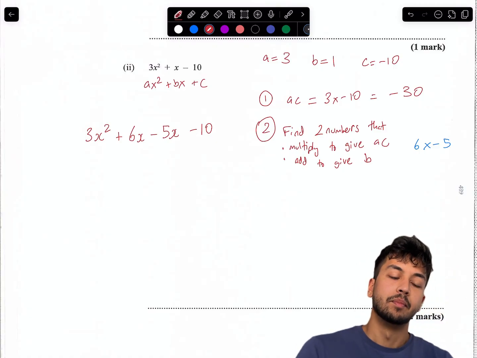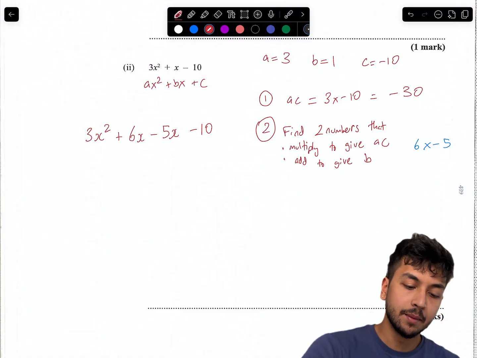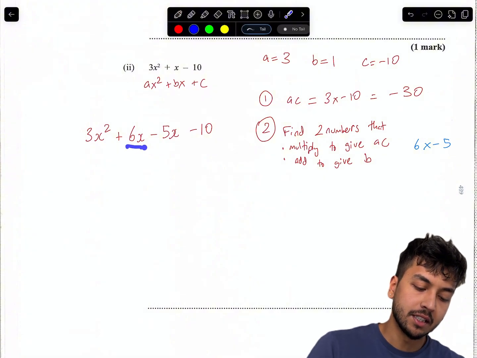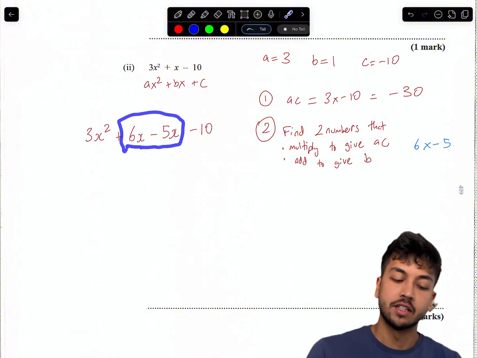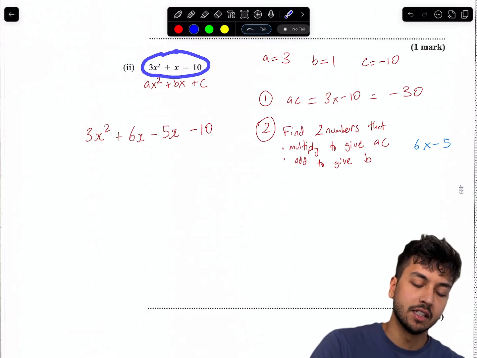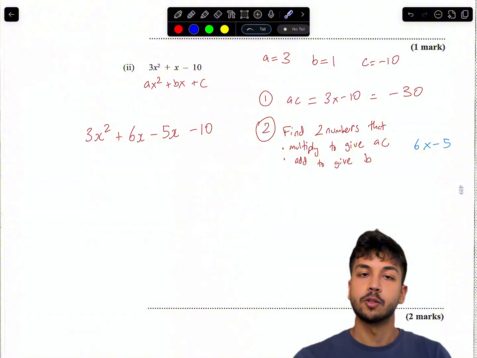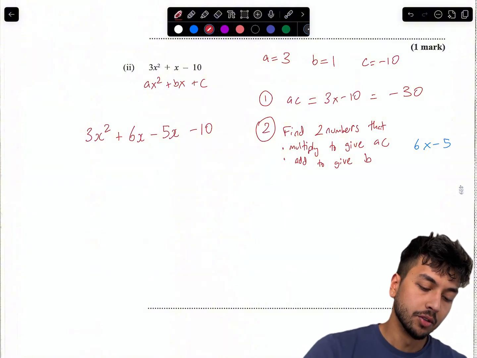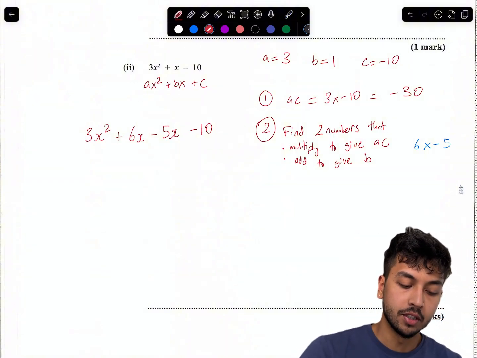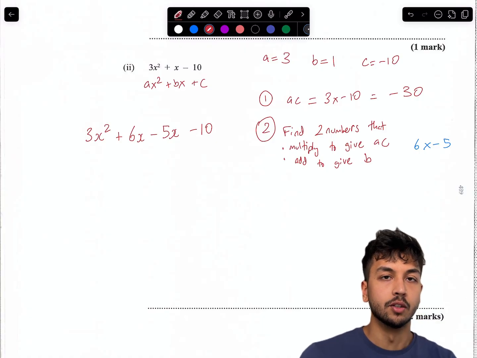If you look, this is the same thing, because 6x minus 5x is just x. So this is the same expression as before, but these are the steps that we typically follow when we're trying to factorize a quadratic.